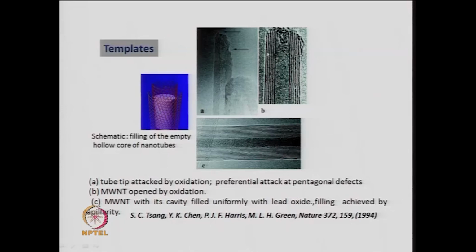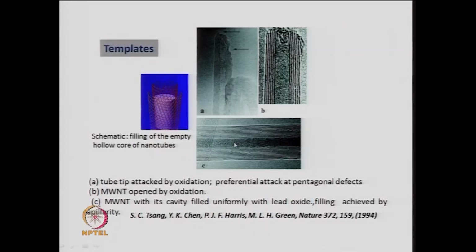This is one particular tube which has been opened here by oxidation, and as you know, oxidation is easier not at the sides of the nanotubes, but at the ends of the nanotubes. And here you see a multi-walled nanotube, with several walls, and inside there is a material which has been filled, and that is actually lead oxide, achieved using the capillary action of the nanotube.